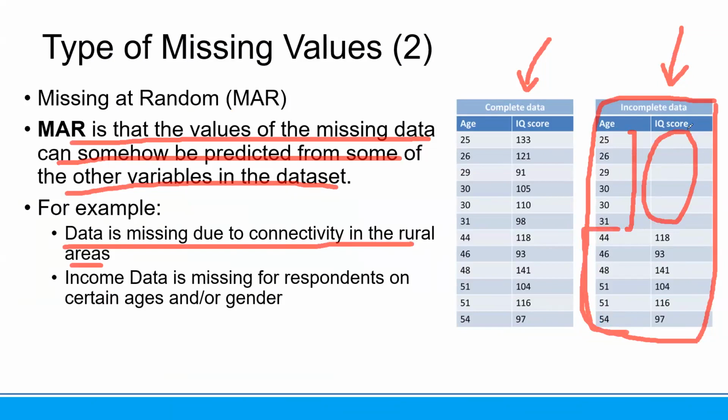Maybe the youngers do not want to share the IQ score. So we can somehow predict that the missing values are because of the younger people. Because this is missing at random, somehow we can still predict.